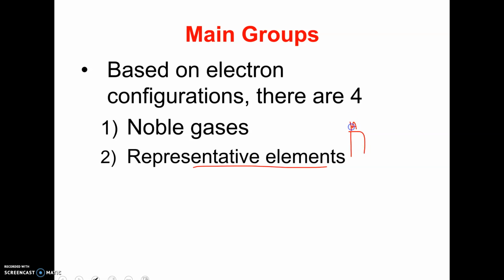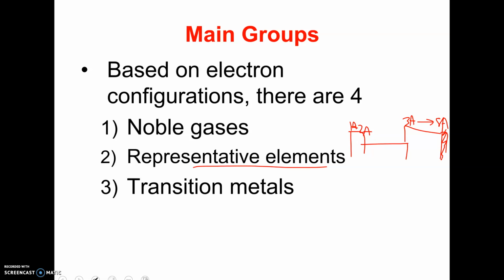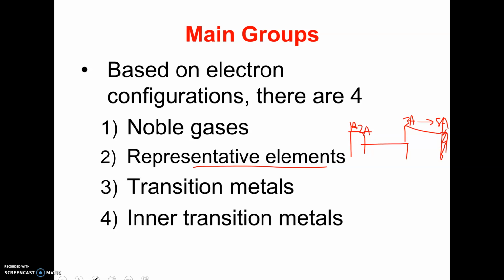This was like 1A, 2A, and then over here it was like 3A up to 8A. So that was all considered representative elements, but then others define it, so we wouldn't test you on this, but others don't include the noble gases. They're their own thing.